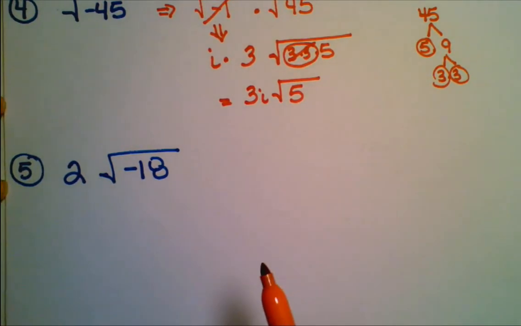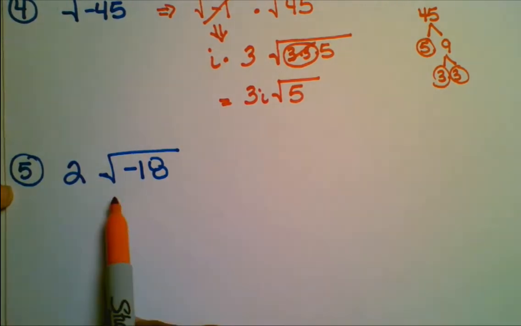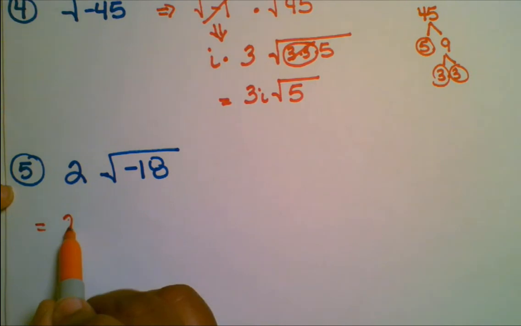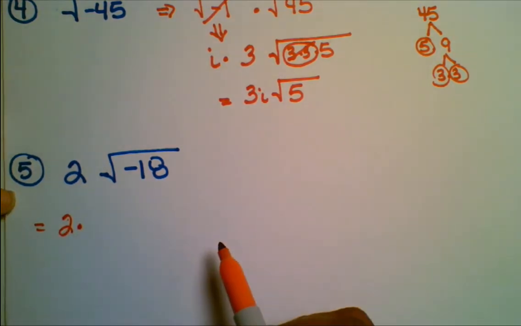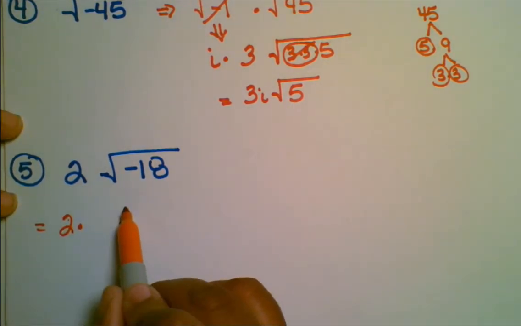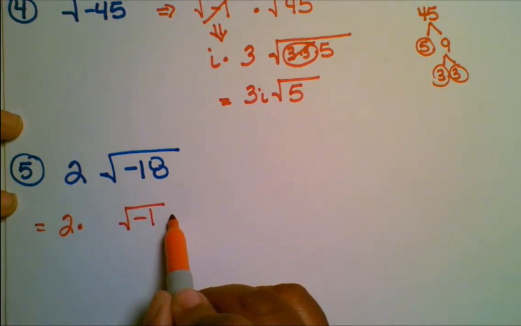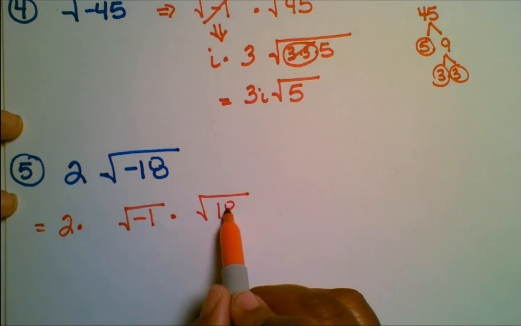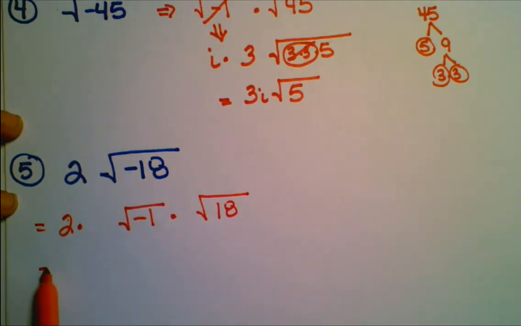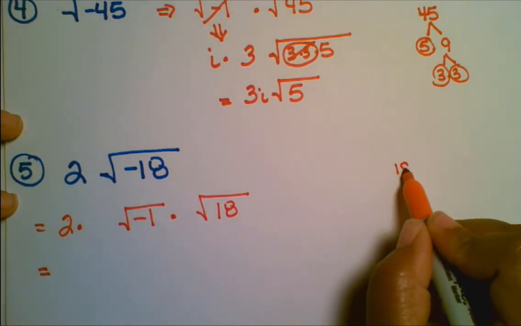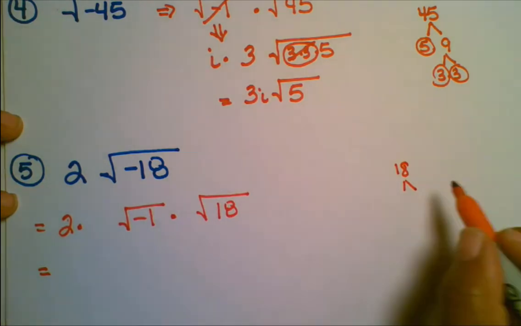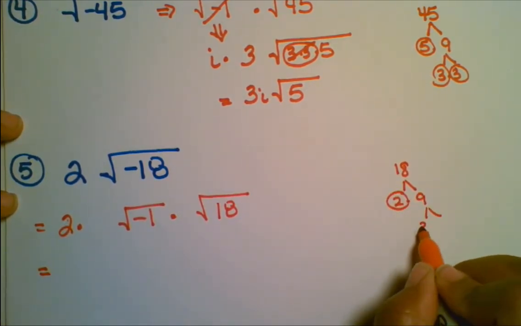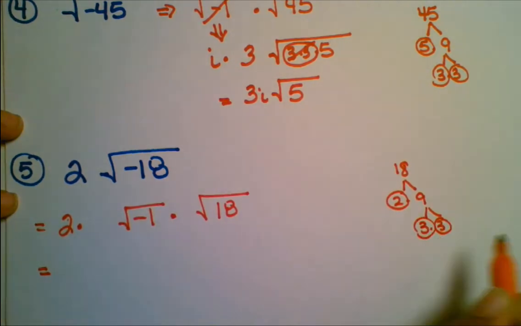Number 5, 2 square root of negative 18. You're saying 2 times the square root of negative 18. So let's take out the negative 1 factor. We have the square root of negative 1 and the square root of 18. Let's break down 18. We have 2 times 9. 2 is prime. Then we have 3 times 3.